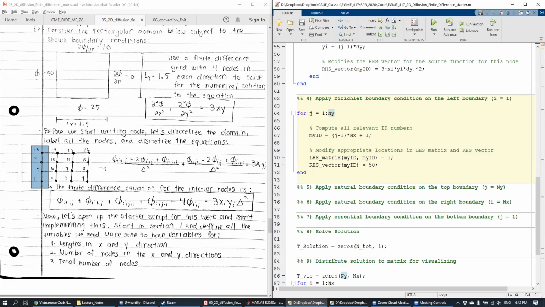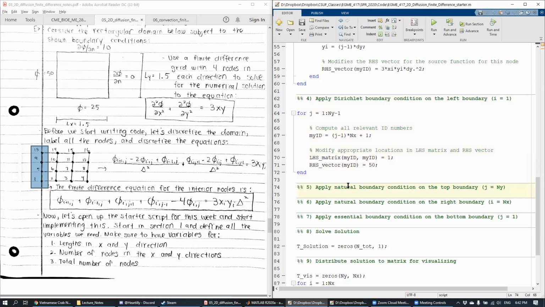To prevent that from happening, I'm going to cut off this loop a little bit early. Instead of looping from 1 to ny, which is the top here, I'm just going to go from 1 to 1 short of that, so from 1 to ny minus 1. And that's the left boundary.